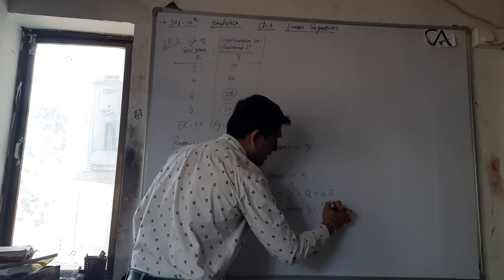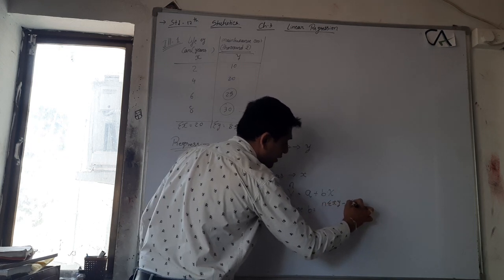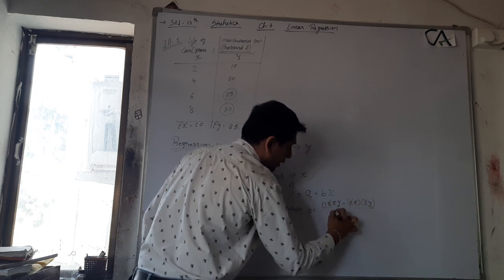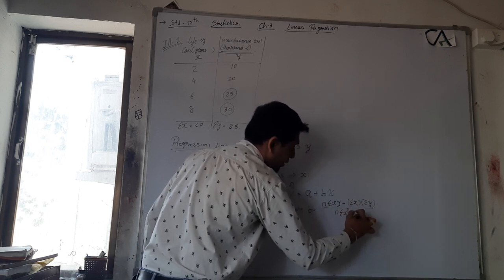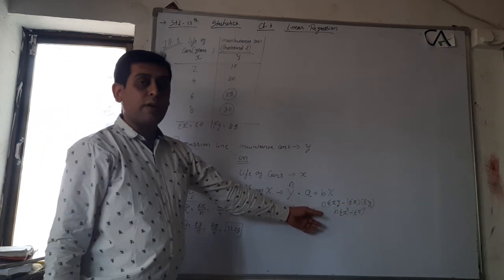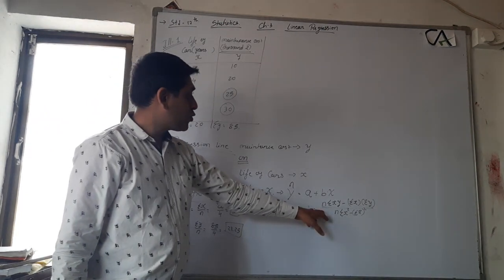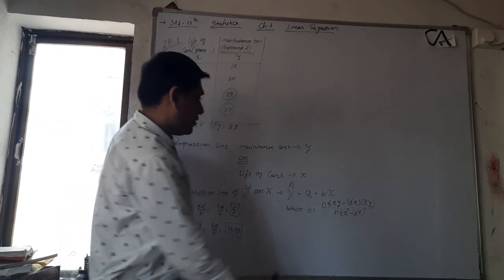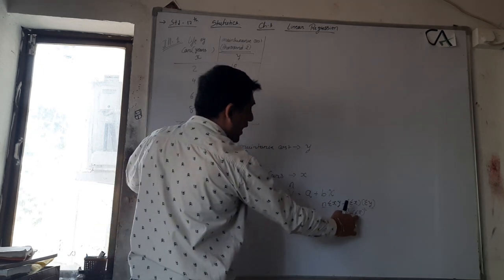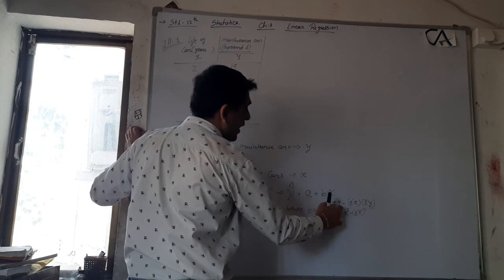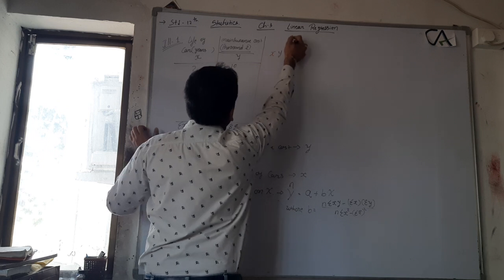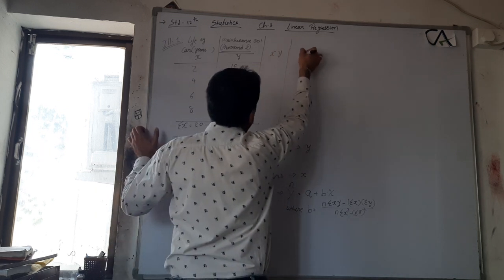B is equal to n sigma xy minus sigma x sigma y upon n sigma x square minus sigma x whole square. We have to take this formula, right? So sigma x is here, sigma y is here, we need sigma xy and sigma x square. So we have to take two columns, xy and x square.